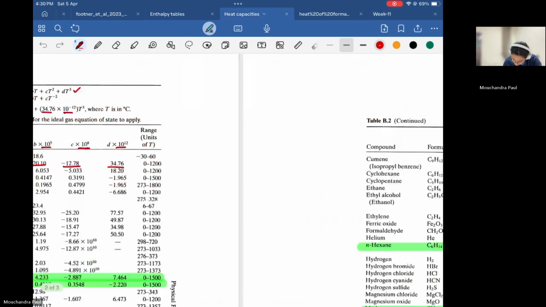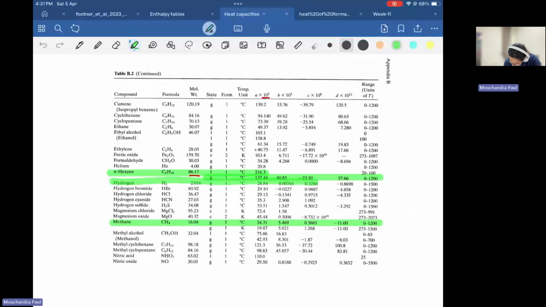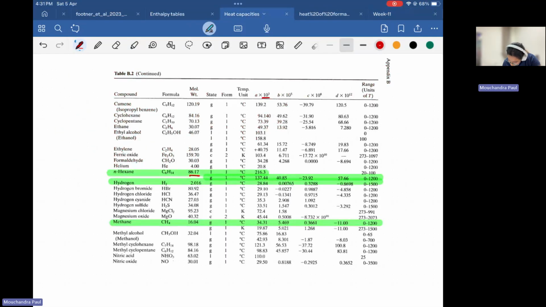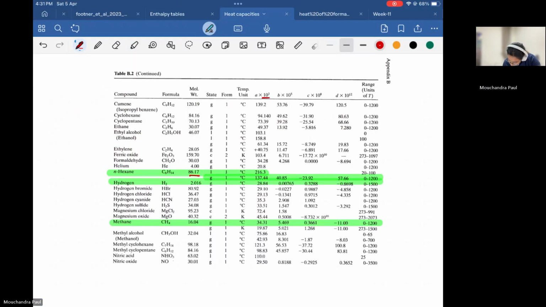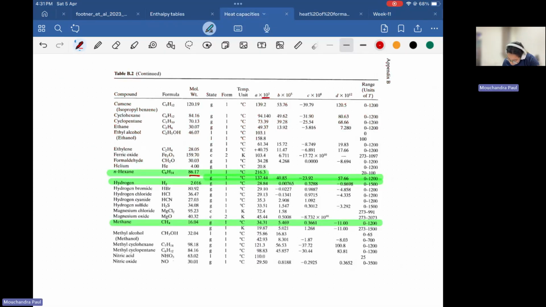So for hydrogen, in degrees Celsius, these are the values: 28.84 raised to the power minus 3, 0.00765 raised to the power minus 5 T, 0.3288 raised to the power minus 8 T squared plus 1 minus 0.8698.